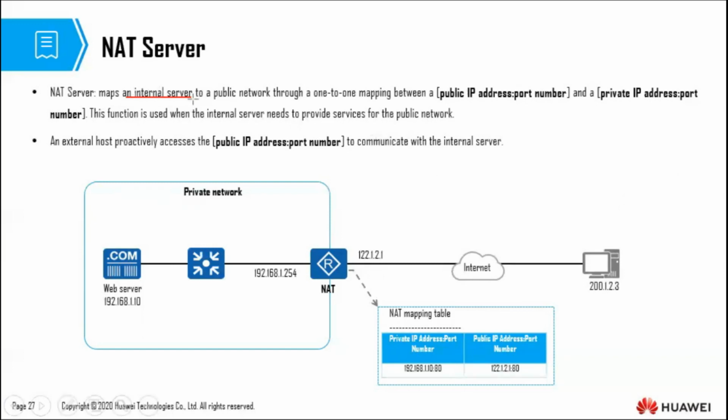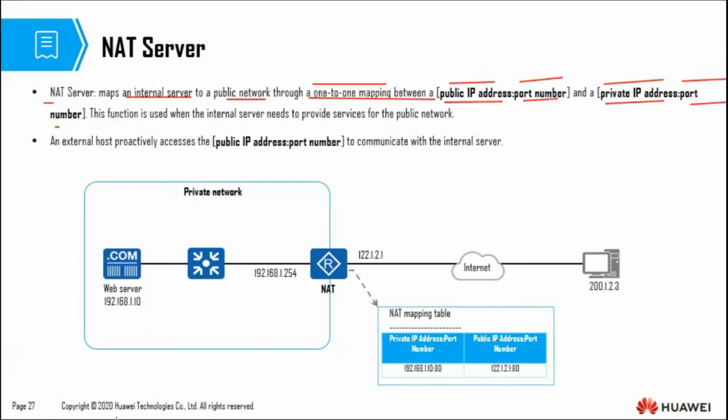So NAT server maps an internal server to a public network through a one-to-one mapping between a public address and port number. It can almost look the same as static NAT, but it's not the same. Yes, it's one-to-one mapping, but we are mapping both the public address and the port number, and the private address and the port number. So really, that is how NAT server works.